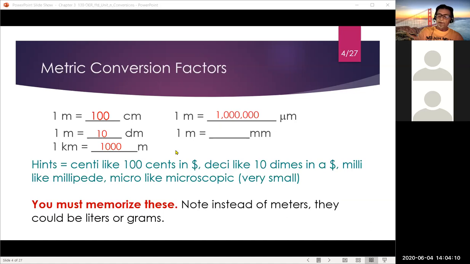In 1 meter, there is a million micrometers. And in 1 meter, there are 1,000 millimeters. Okay. So you must be familiar with these. And these are, again, ratios that you can utilize when we start doing calculations.